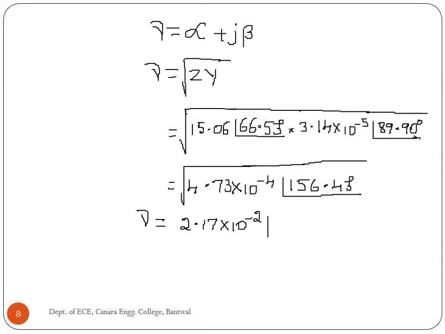Square root of angle 156.43 degree is 78.21 degree.